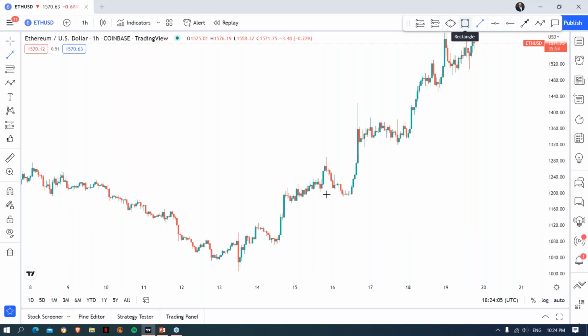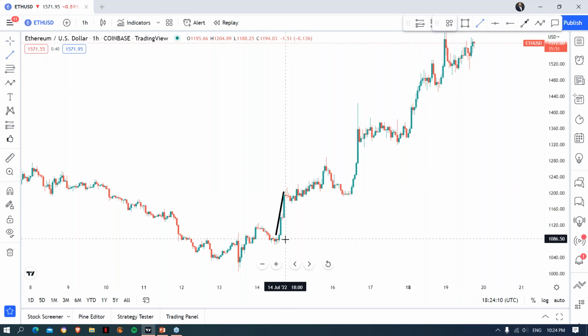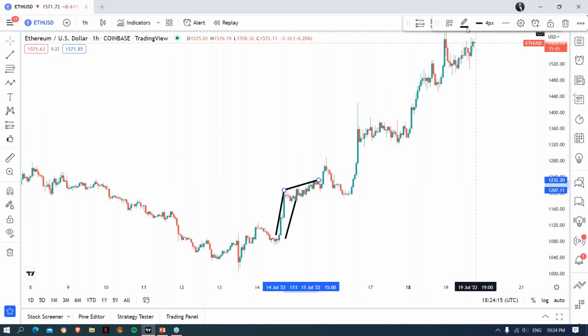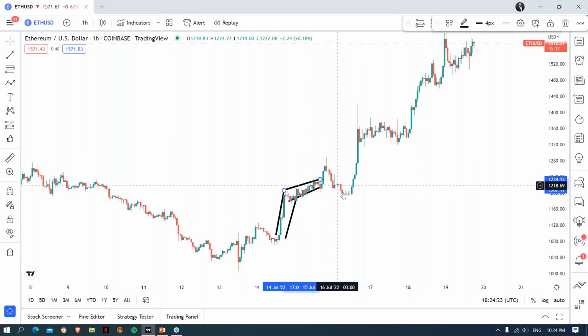Notice how it's formed. Some of them are called flags as well. Patterns. See the tightness in the movement. Like this. Then we have a breakout up. Then it went down again after the breakup.